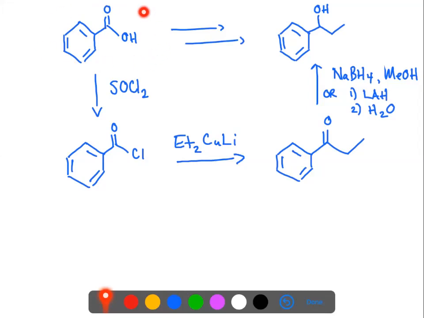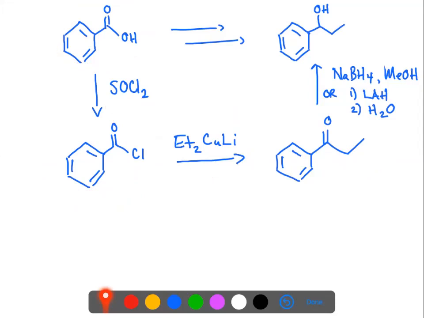Carboxylic acids are not the easiest to work with carbon nucleophiles, so converting this to an acid chloride is an important step. This allows us to then carry out further reactivity on this compound to install these additional carbons. Using the Gilman is the most effective way to do this.